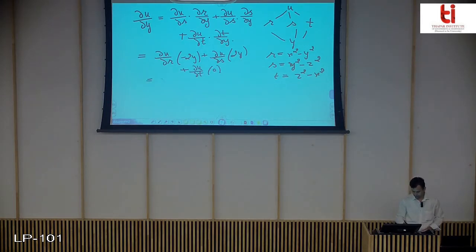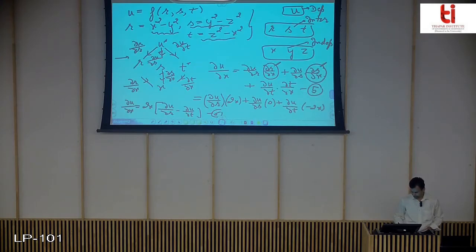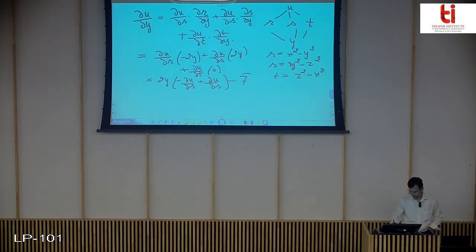So you get 2y times minus del u by del r plus del u by del s. This is equation number 7. Here you get the derivative of u with respect to y.